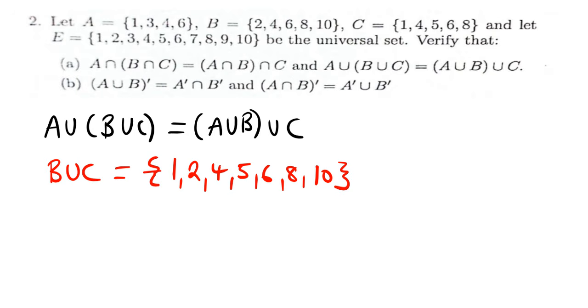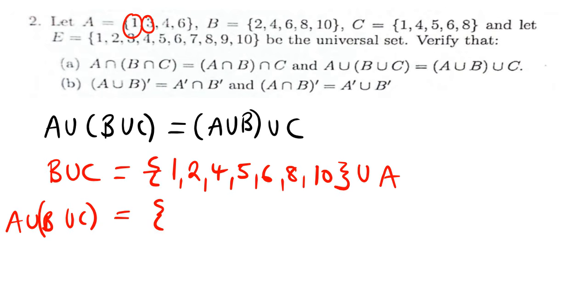Then we have union A. To this same set we have to add A as well. So if I add A there, what are we finally going to have? In A we've got 1, 3.